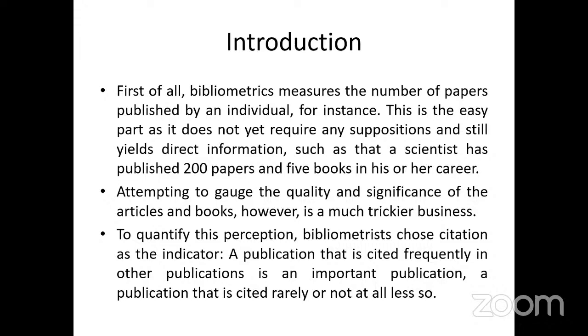So another approach was necessary to evaluate, or rather to judge, the quality of the publication. I am talking about two parts: to judge the quality of the papers as well as of the person. So the concept of citation emerged. A publication that is cited frequently in other publications is an important publication, right?